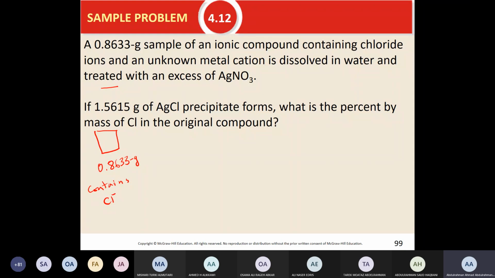Part of it contains chloride ion. I want to know how much chloride ion is available in this sample. This is the mass of the whole sample. I want the mass of the chloride ion only.